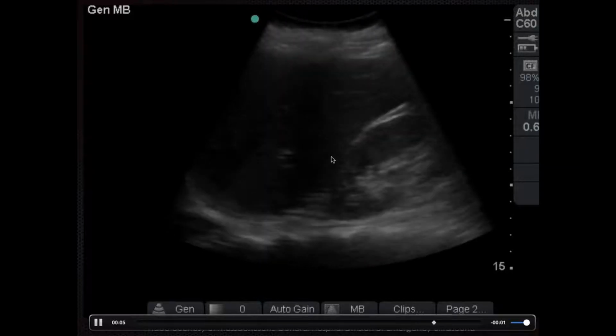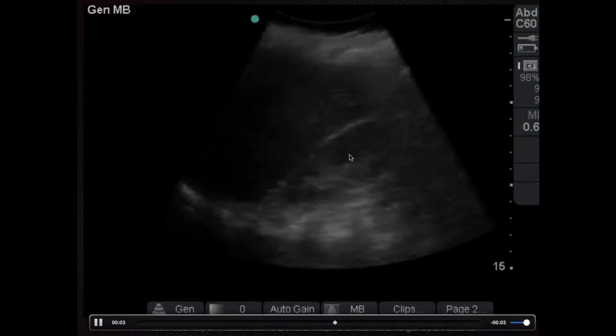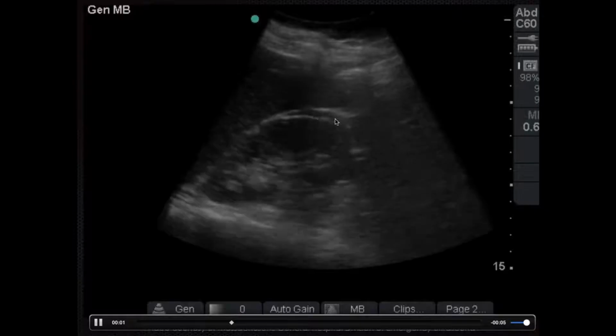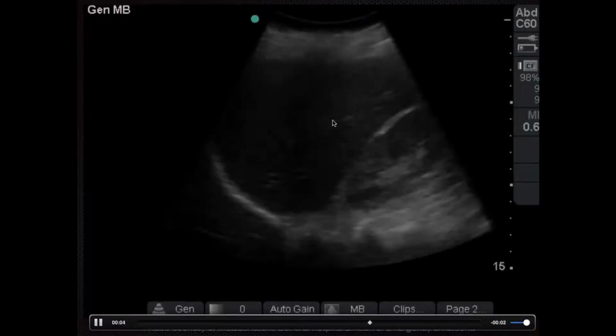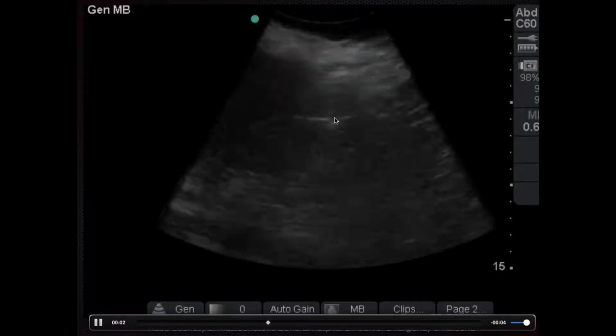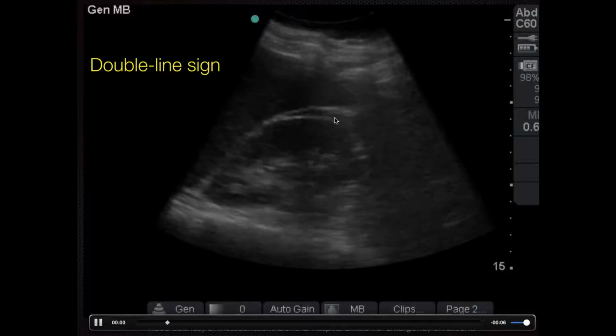So in this next clip, again in the right upper quadrant, we have the liver and we have the kidney. And what we have here is a little bit of hypoechoic area between the liver and the kidney. What we're trying to illustrate here is the following. It's called the double line sign.